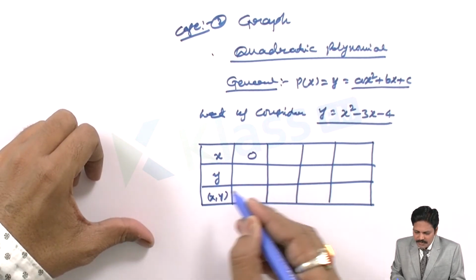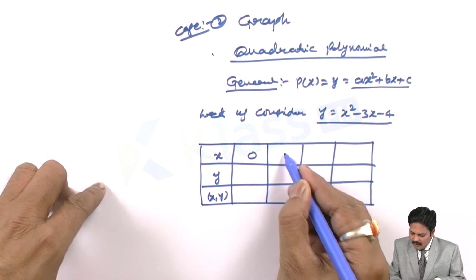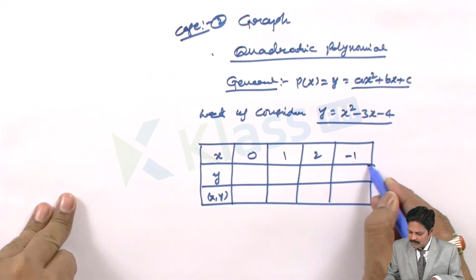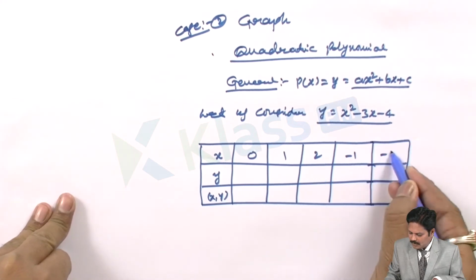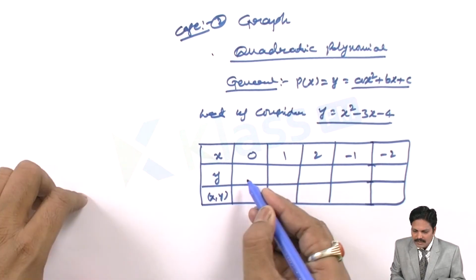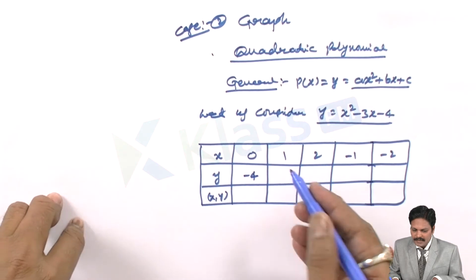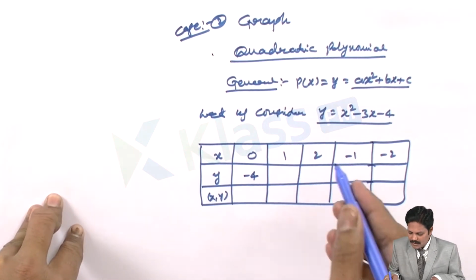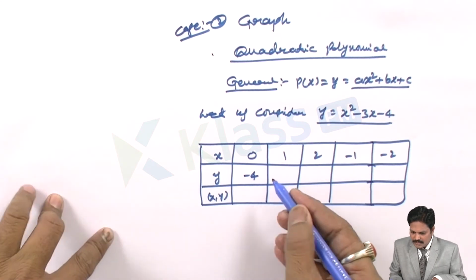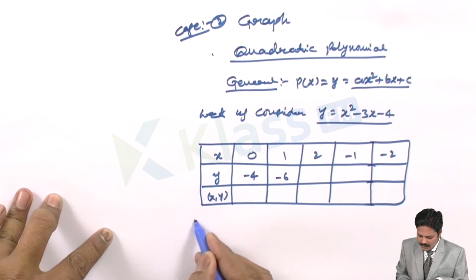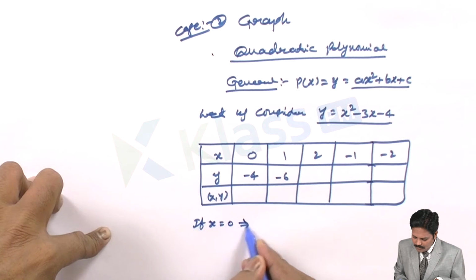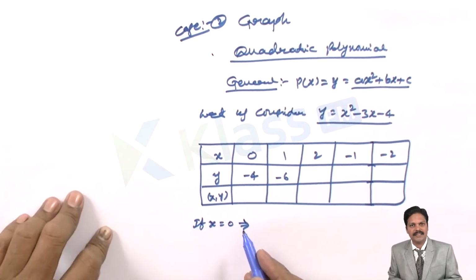See, if we are substituting 0, then 1, 2, and again I am taking minus 1 and minus 2. See, the value of x is 0, the value of y is minus 4, and when we are substituting x as 1, then the value of y is minus 6. How? See, in the previous case we substituted the values 0, 1, 2, 3 in the linear equation.